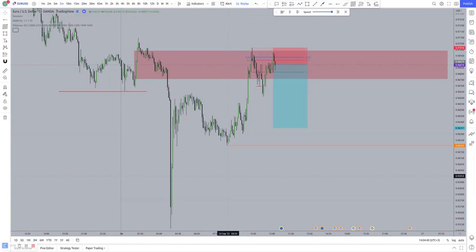I'll give an example. If the setup happened on the M30, you cannot hold it as a swing trade. If the setup has happened on the 1 hour time frame, you cannot use it as a swing trade. If you understand what I mean, you have to know to identify the strength of your setup. If it's a day trade, a scalp or a swing trade, you have to determine based on the setup.